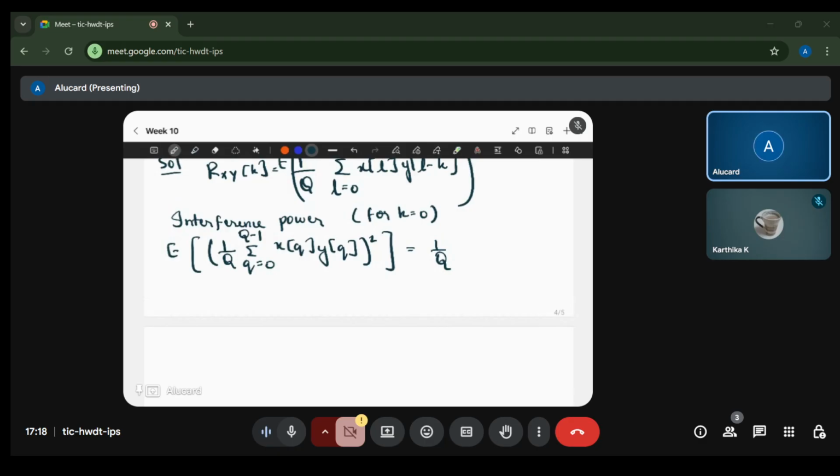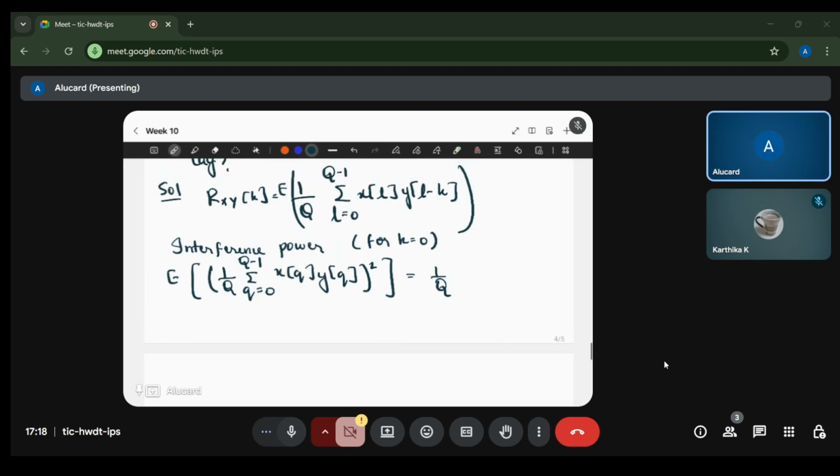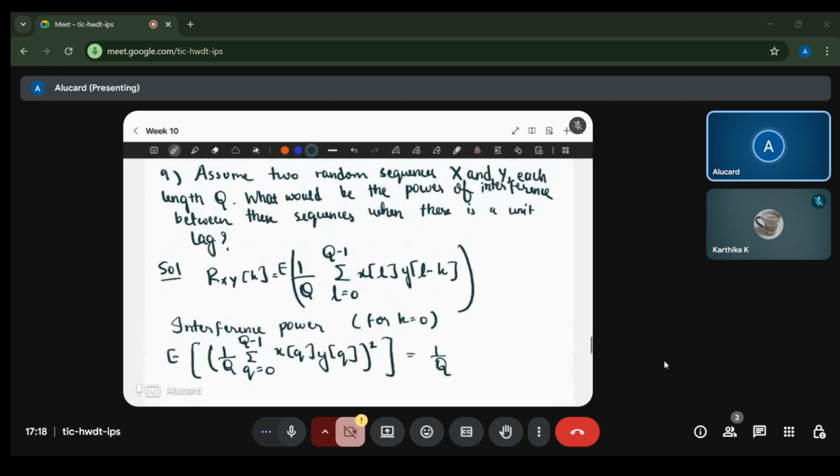So you have to work it out, or if you can think intuitively, you have to know whether the power of interference will change if there is a unit lag. That I'll leave to you. So does the interference power depend on the lag or not? Or if the lag is 1, will it change?